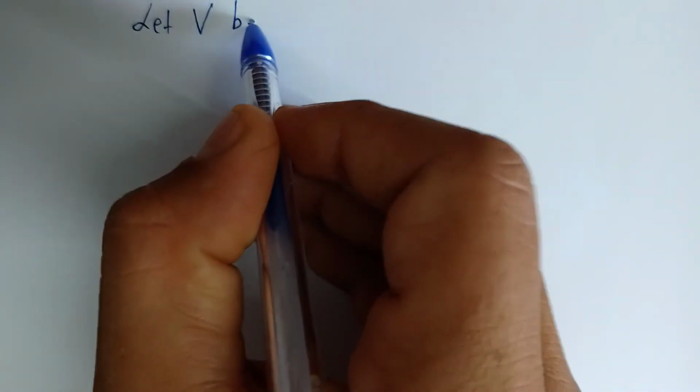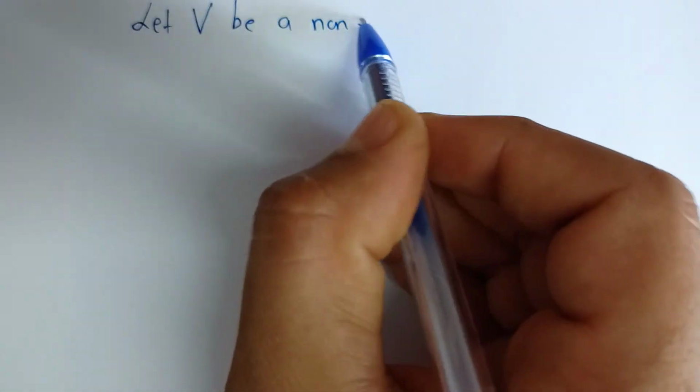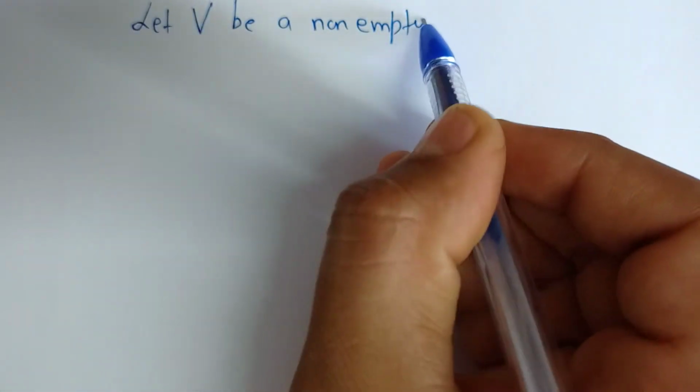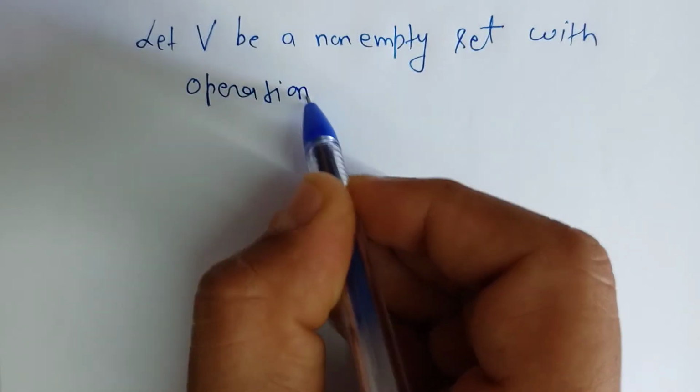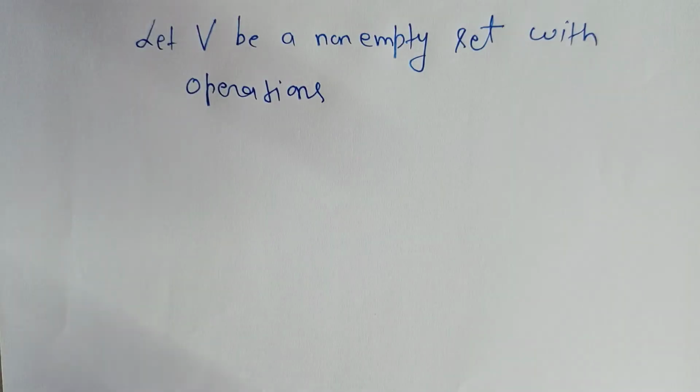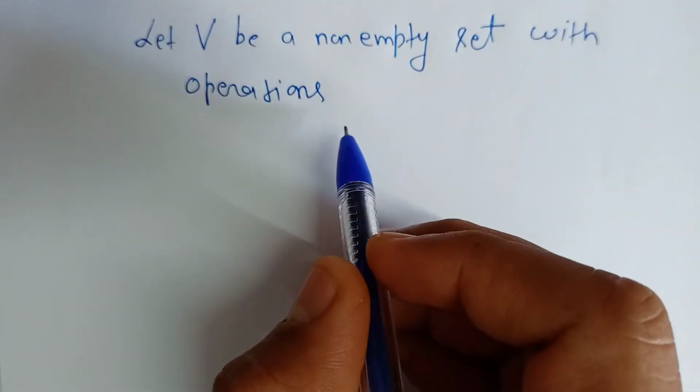So the definition of vector space: let V be a non-empty set with the two operations.